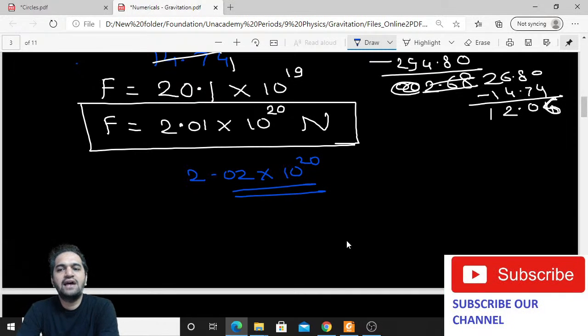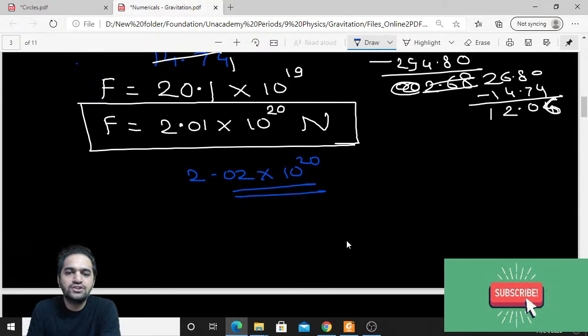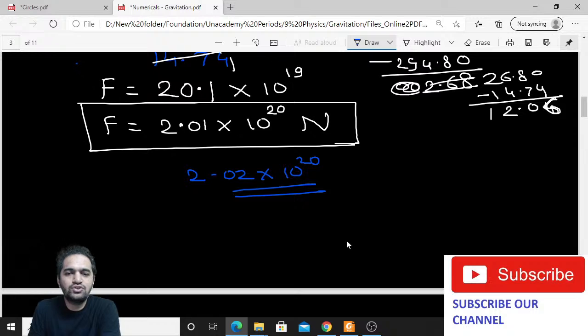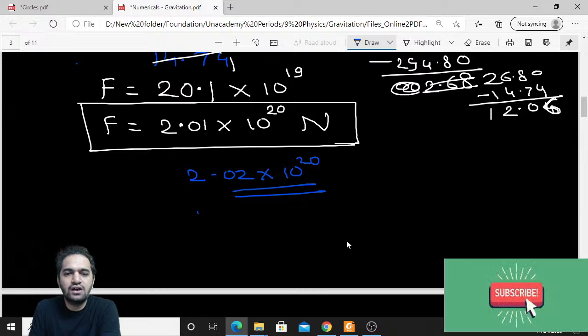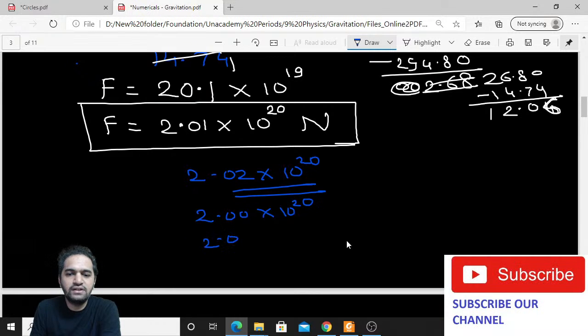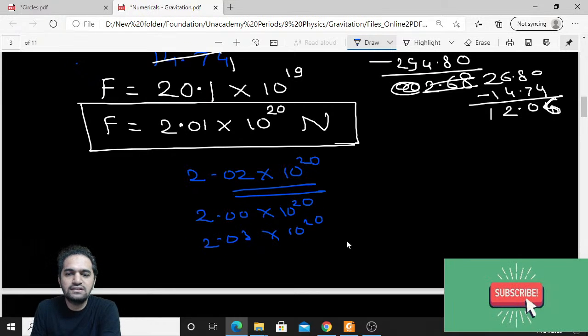See, the problem is that you are working with decimals. So calculation wise, your answer is feasible even if a student gets something like 2 into 10 to the power 20, or some students get 2.03 into 10 to the power 20, or some students get 2.04 into 10 to the power 20.